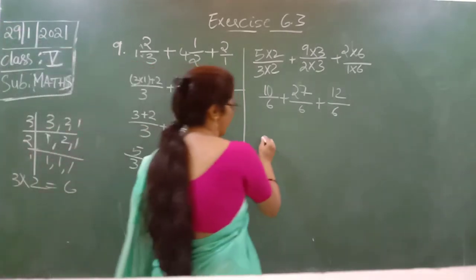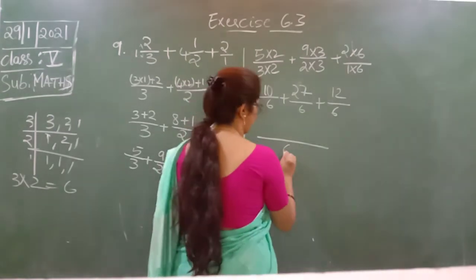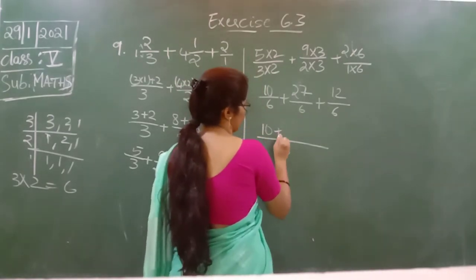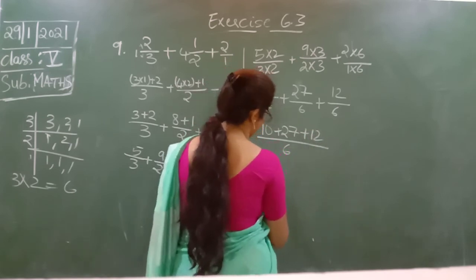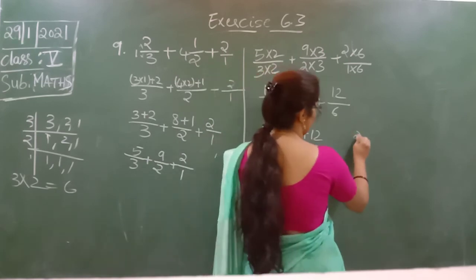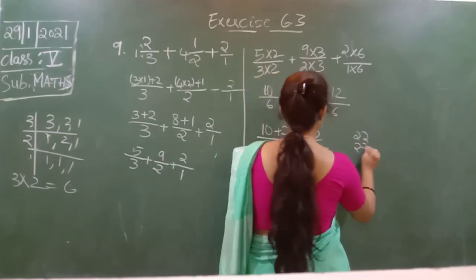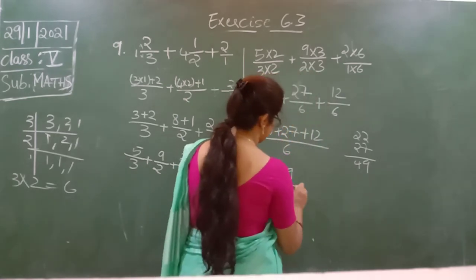Now we have converted them into like fractions. Now add them directly. 10 plus 27 plus 12: 10 plus 12 is 22. 22 plus 27 is 49. 49 by 6.